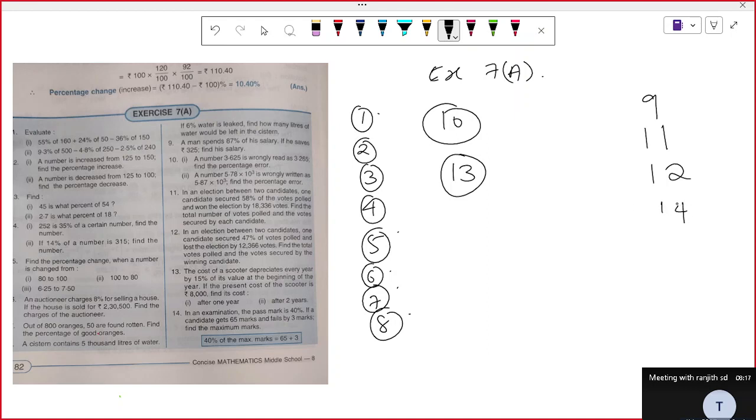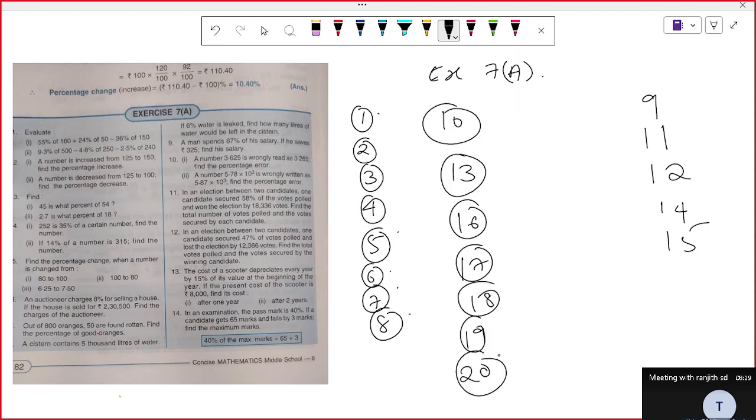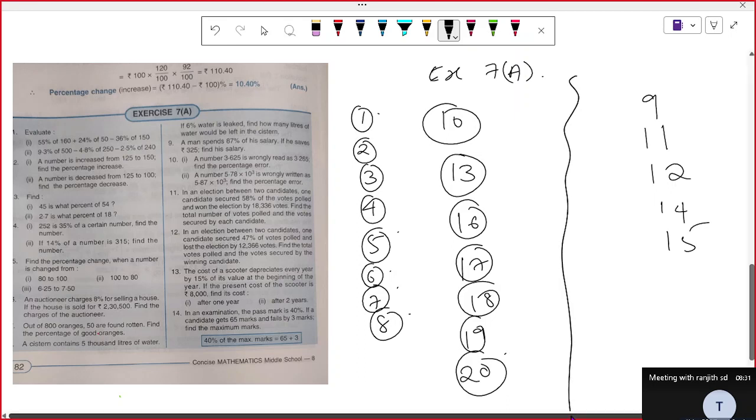Then 14th, 15th, and we'll try the 16th question: 16, 17, 18, 19, and 20. We'll finish these today. How many questions did we do? Yesterday we did till 10. Today we'll do 13, 16, 17, 18, 19, 20.